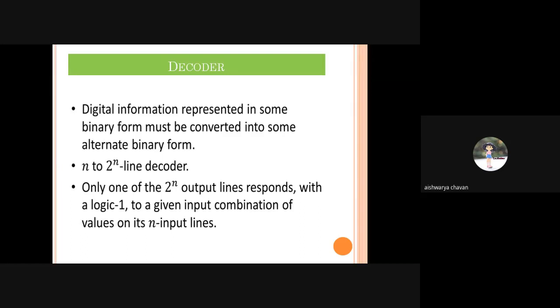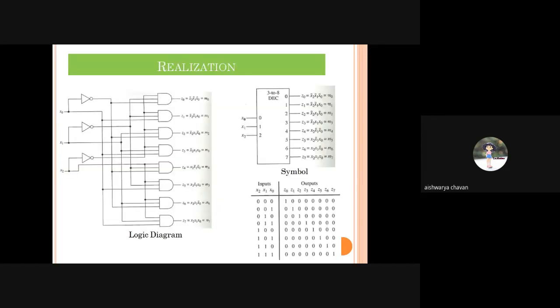Okay. Now see the decoder. The decoder is nothing but digital information represented in some binary form being converted into some alternative form. For the decoder, n to 2 raised to n line decoders are available. We will see an example: this one is the 3 is to 8 decoder.